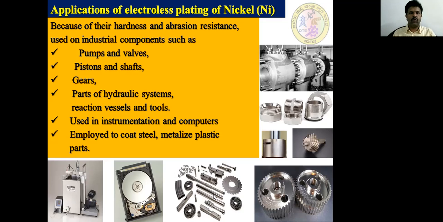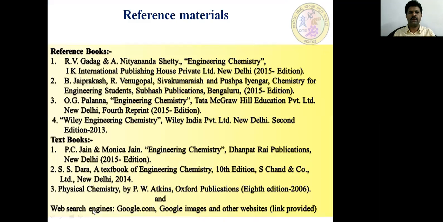Electroless plating of nickel is also used in instrumentation and computers, and employed to coat steel, metallize plastic parts, etc. So these are some of the applications of electroless plating of nickel. So these are the reference materials you can go through.